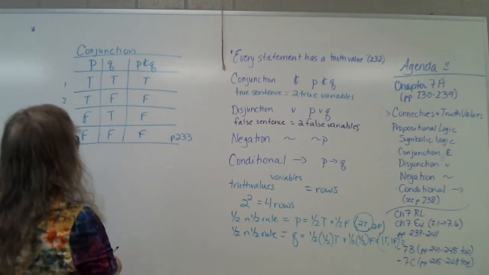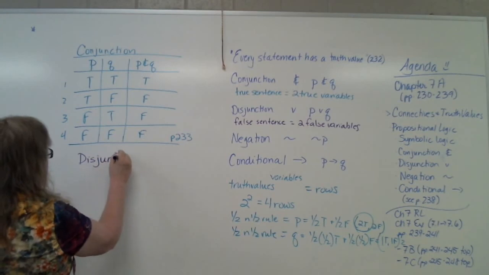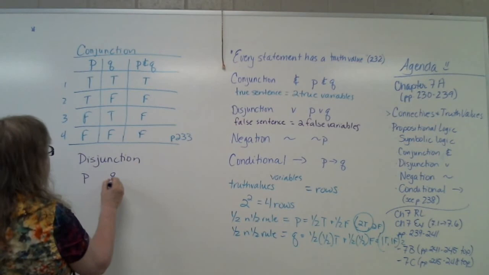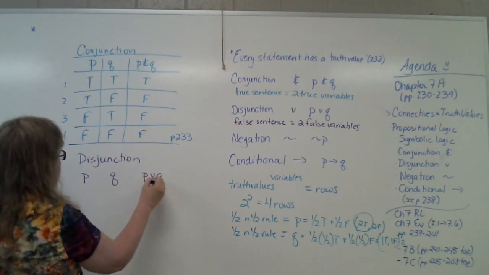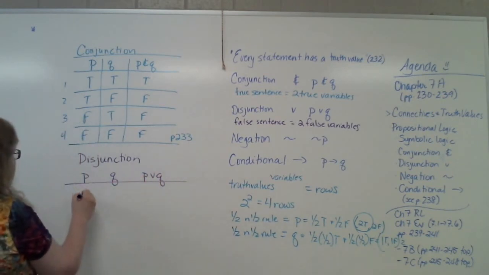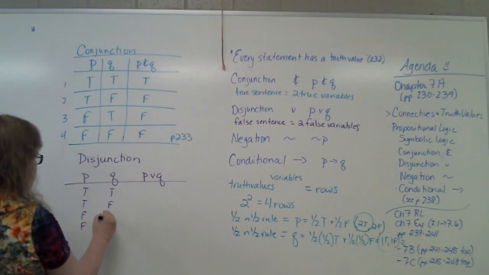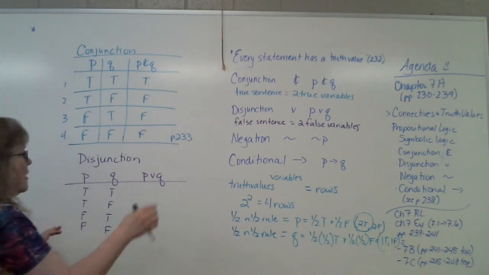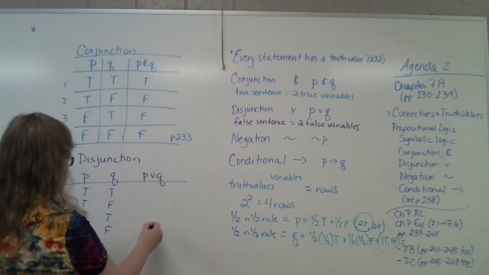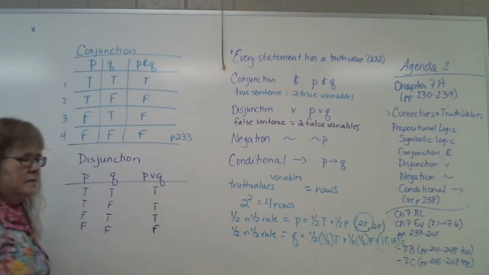So be careful with that. Again, we're using P, Q, P or Q, and it's the same: true, true, false, false, true, false, true, false. Now, my rule is the only false sentence is 2 false variables. Everybody else is true.